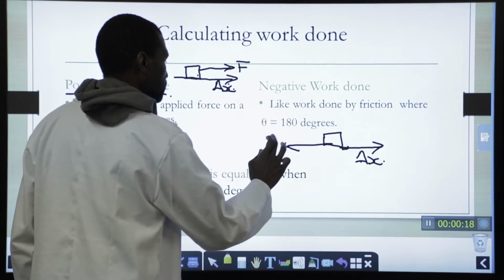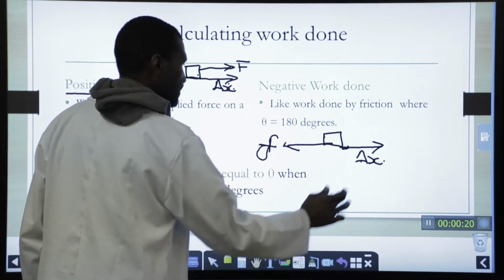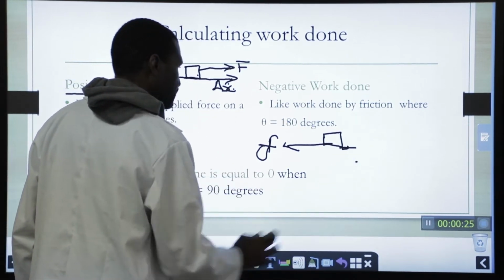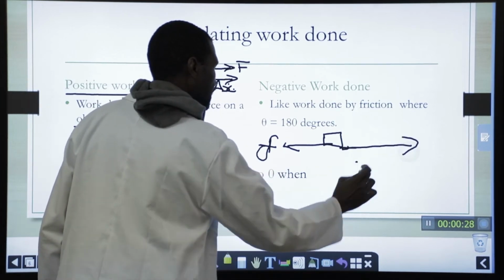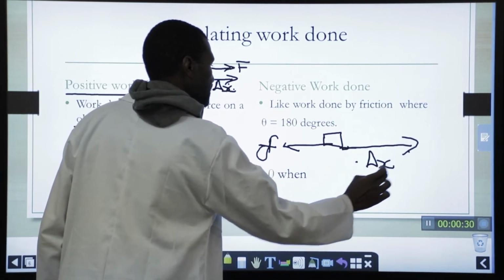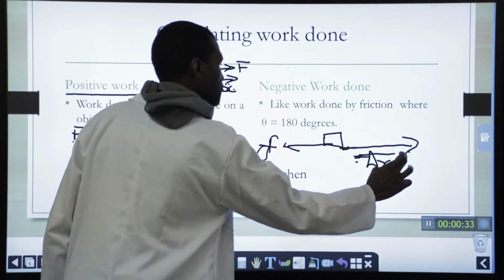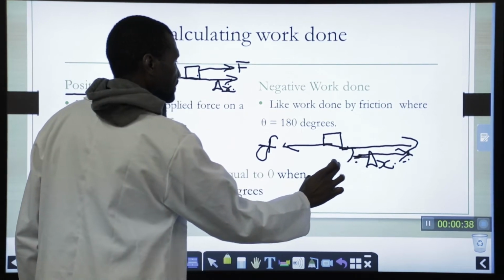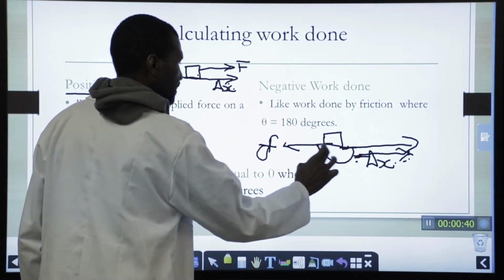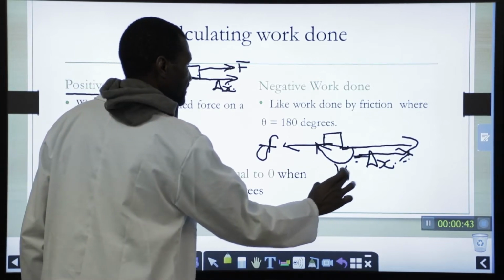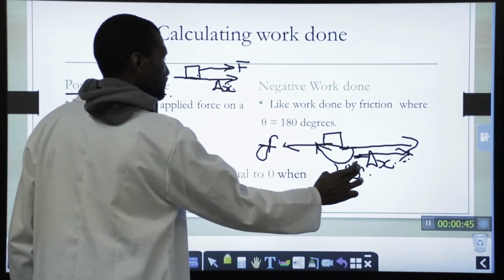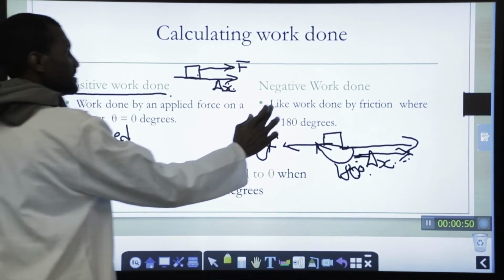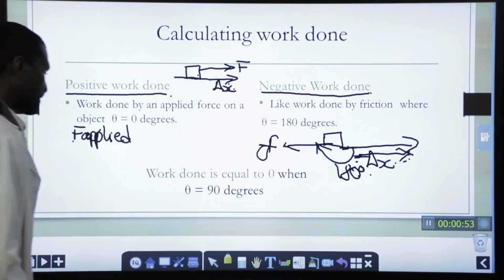So that's your frictional force in that direction. I should make that a little bit longer to show that the net force is here. So if I have my change in x here, from here to there, then the angle between the motion and the force applied is 180 degrees. In this instance, we are saying that there is negative work done.